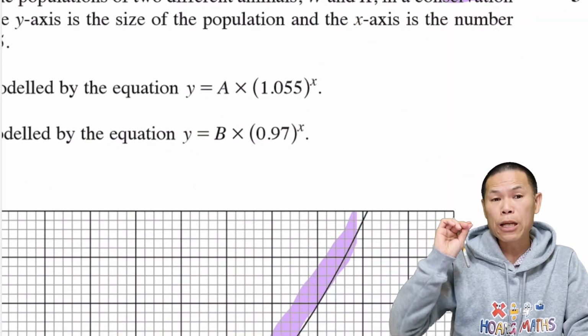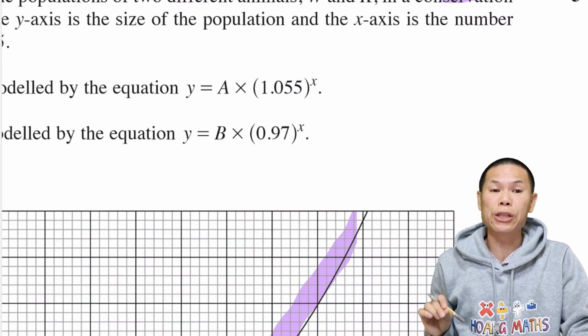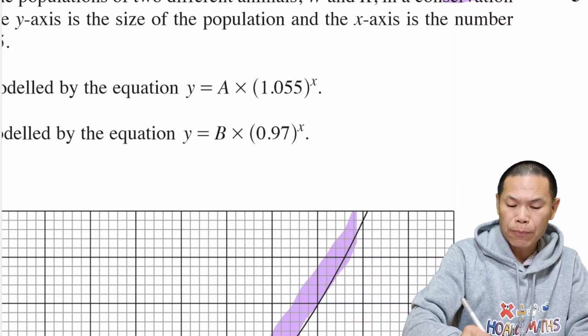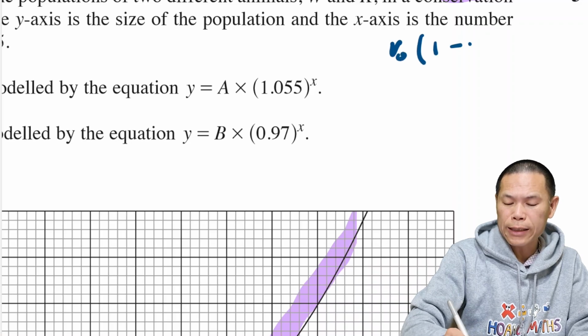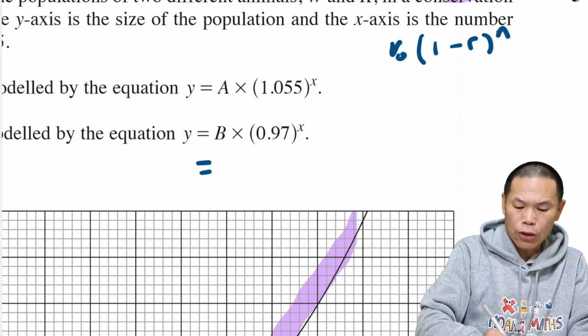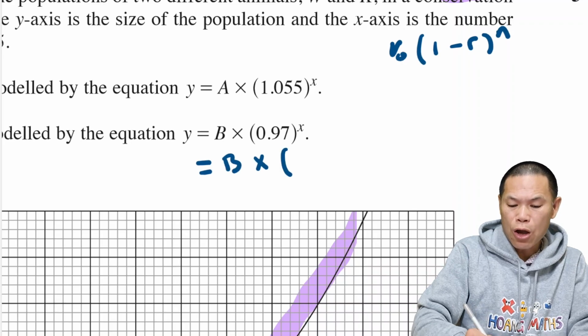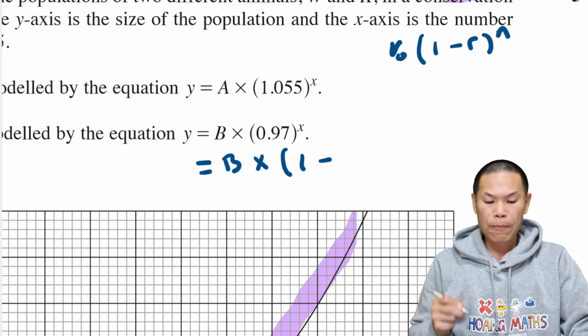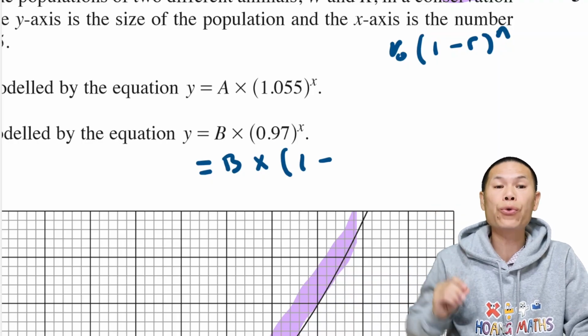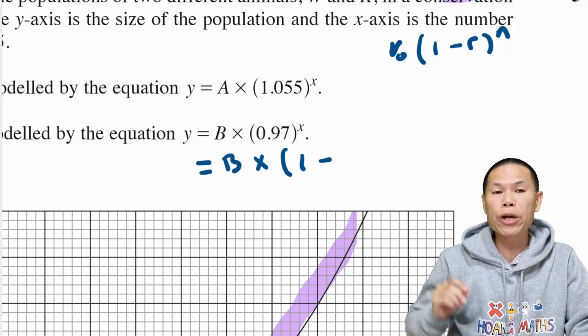Now for K, if you look at this, K is less than 1. So this means it's in the model of depreciation, correct? Declining method, if you wish, like this. V naught times 1 minus R to the power of n is the same model. So this is equal to B times 1 minus 0.03, which gives me 0.97.